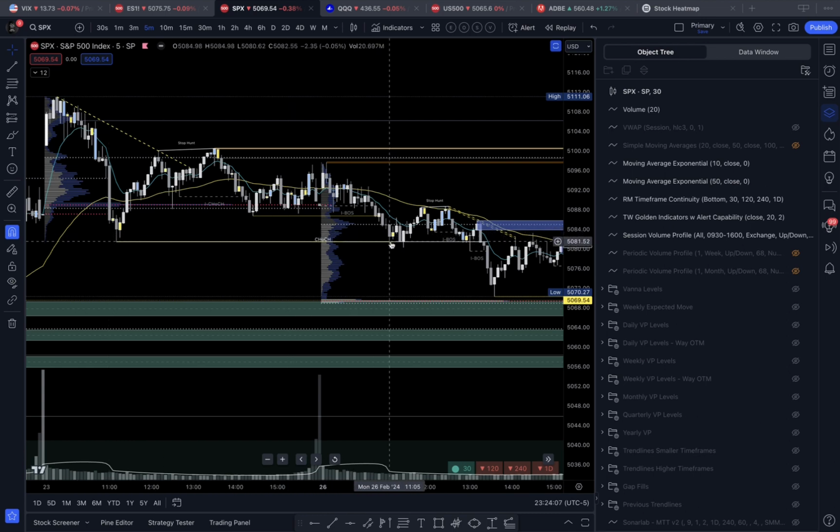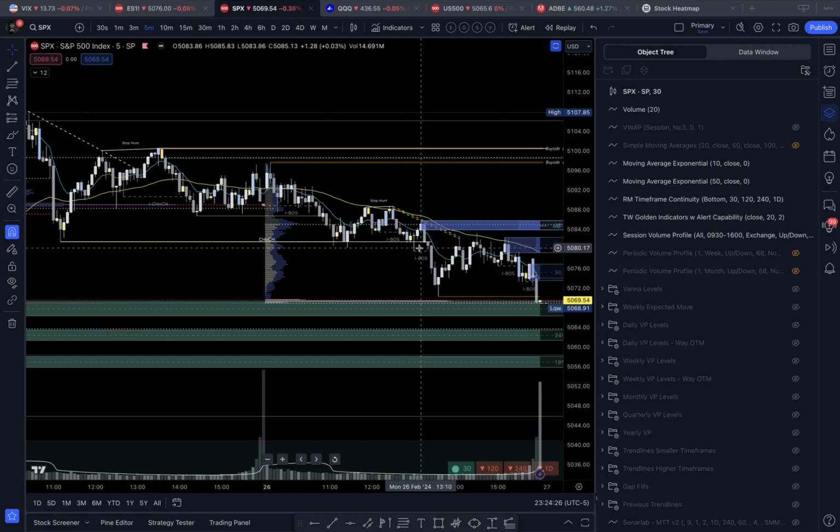It held, held, held. Towards the end of the day, we broke this change of character, a support level that was keeping price up and had held multiple times. Here it finally broke, which changes the character on this time frame. On top of that, we broke a structure here again, and we pushed down.